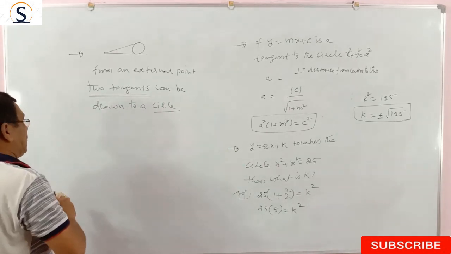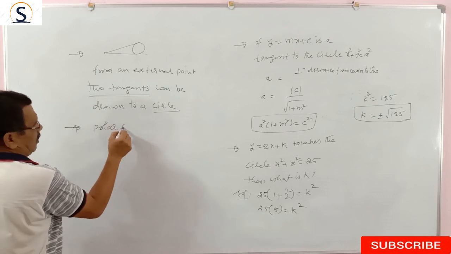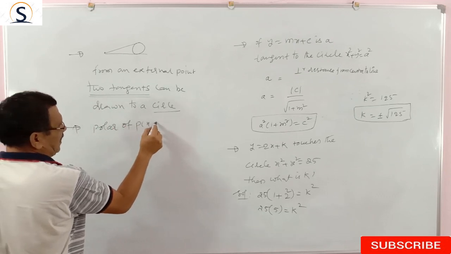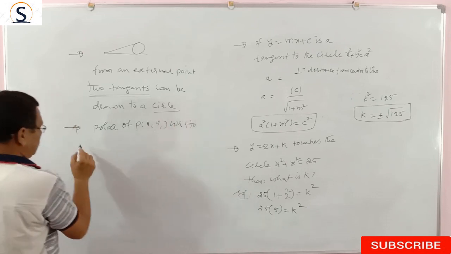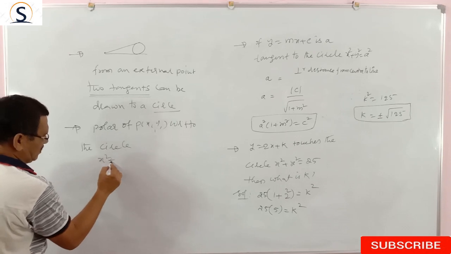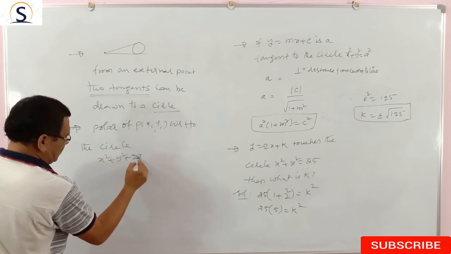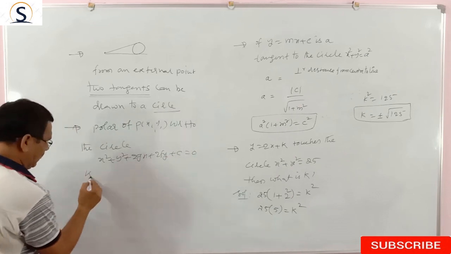Next, another question asks the polar of P (x1, y1) with respect to the circle x square plus y square plus 2gx plus 2fy plus c is equal to 0.